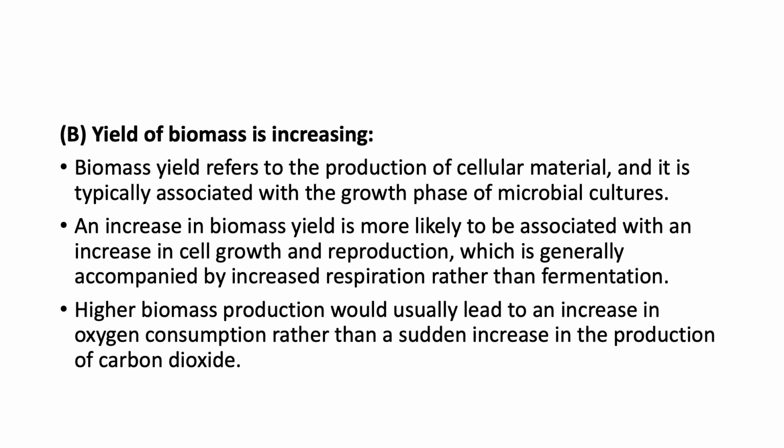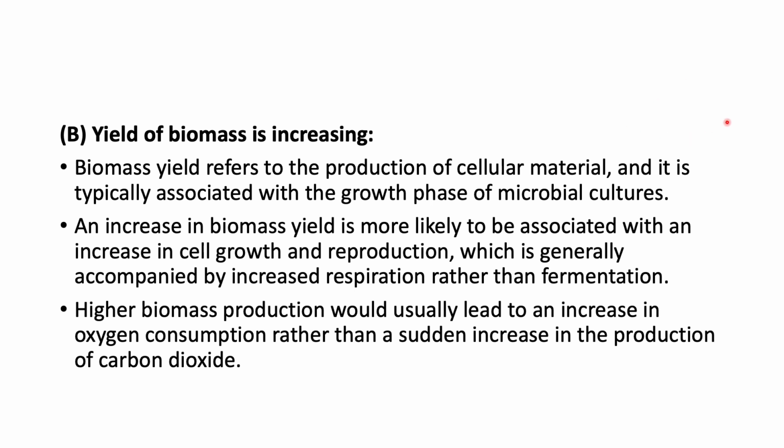Then option B, yield of biomass is increasing. Biomass yield refers to the production of cellular material, and it is typically associated with the growth phase of a microbial culture. An increase in biomass yield is more likely associated with cell growth and reproduction, which is generally accompanied by increased respiration rather than fermentation.